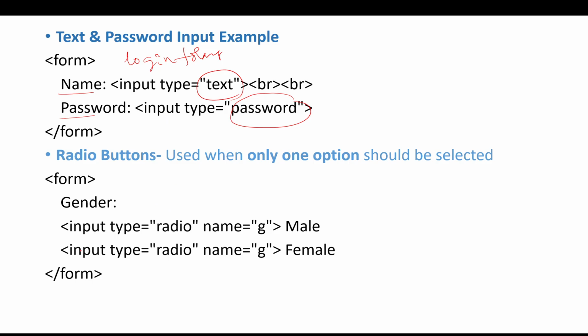And the radio button is used when only one option should be selected. We have the content as gender, and we can select only one option from male and female, so the input type is radio. For radio buttons, the name of the options should be the same.